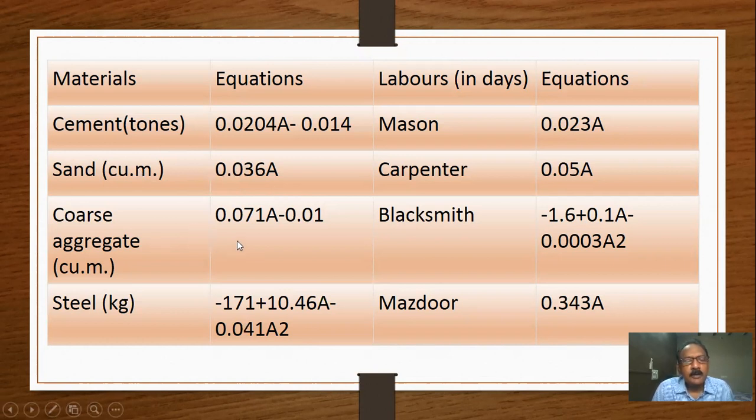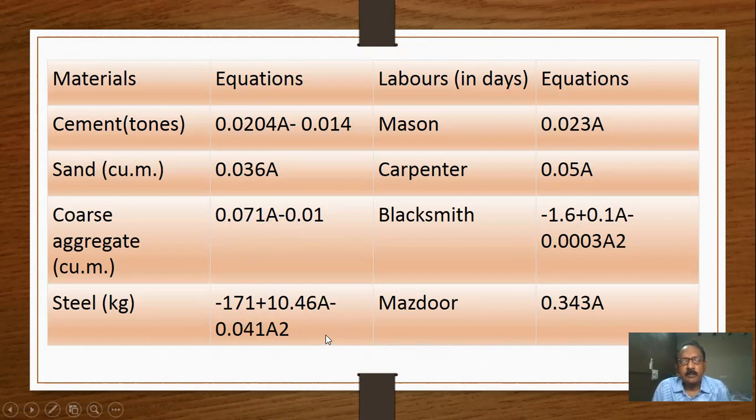These are empirical formulas developed by CBRI to calculate in the approximate method, in the comparison estimate. For steel, the formula is 0.01A minus 171 plus 10.46A minus 0.041A squared.